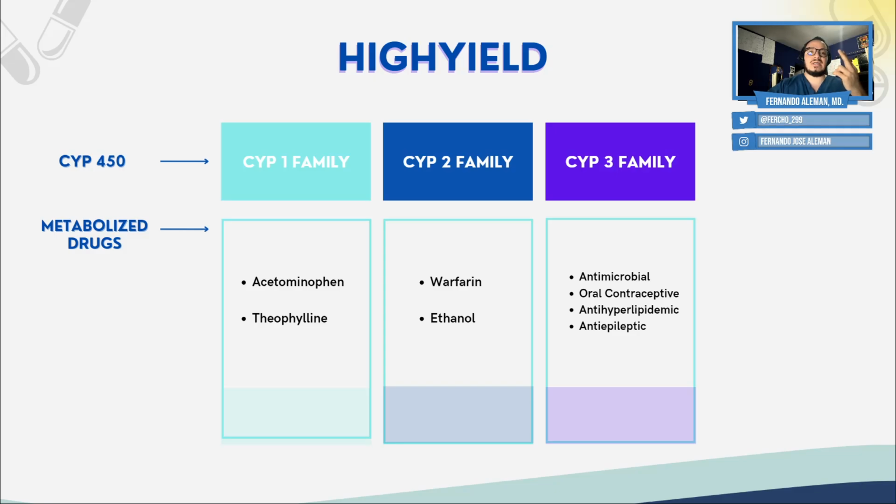Then we have the CYP2 family, and we have one drug, which is warfarin, and we have ethanol, which is not considered a drug by itself. And then we have the CYP3 family, in which we have the antimicrobials, which include antibiotics, antiretrovirals, and antifungals.